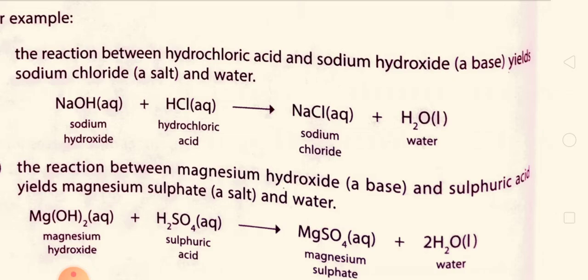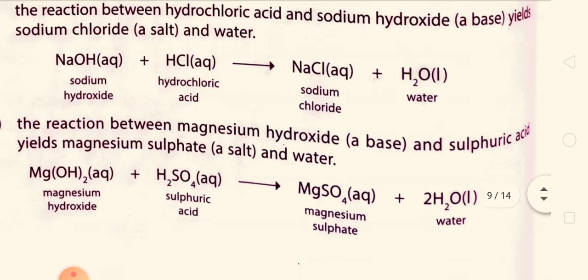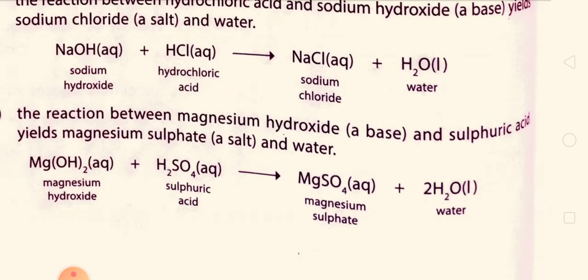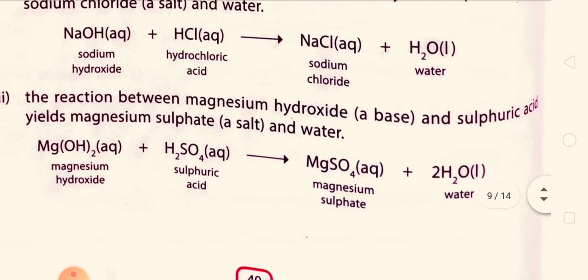Sodium chloride, do you know, common salt that is used in our houses in vegetables, dal, and a variety of dishes. When sodium hydroxide reacts with hydrochloric acid, sodium chloride plus H2O is formed. This is the neutralization reaction, meaning the acid and base get neutralized and form salt and water, isn't it?